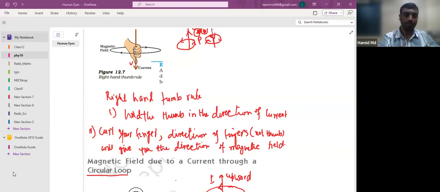If a current carrying conductor is imagined to be held in your right hand, then what? If you hold a current carrying wire in your right hand, you will get a shock. That's it.